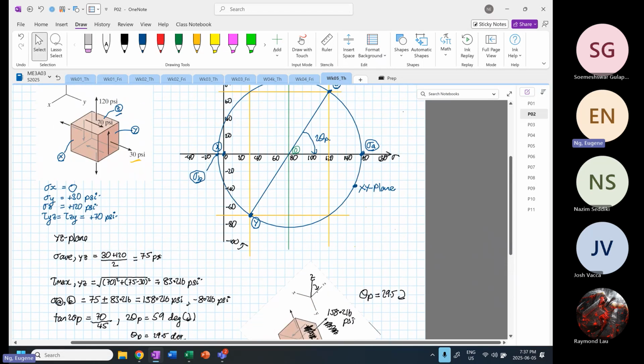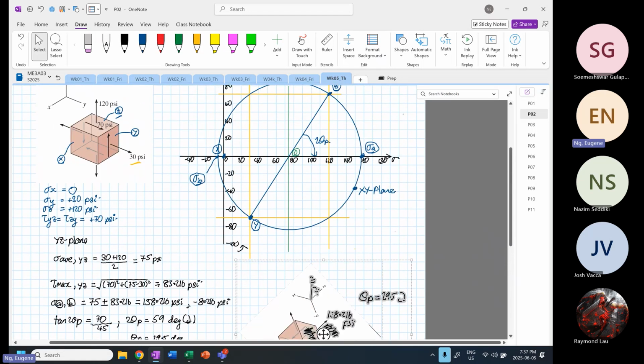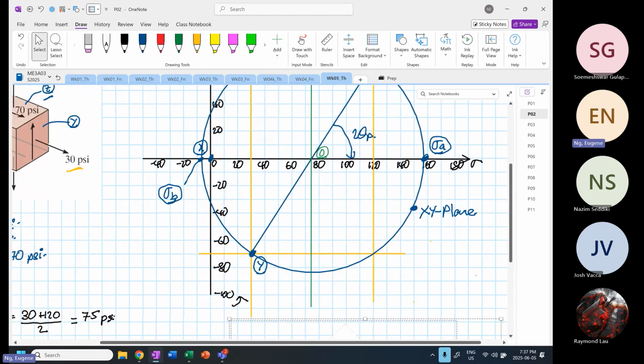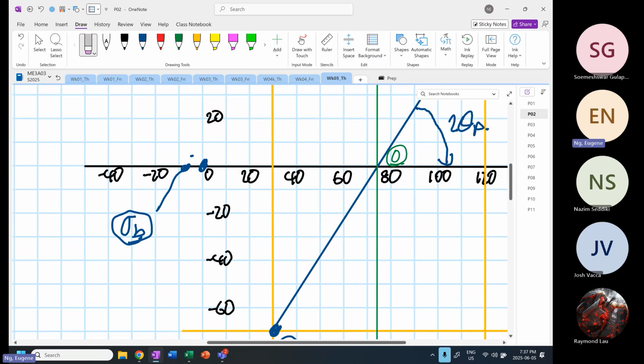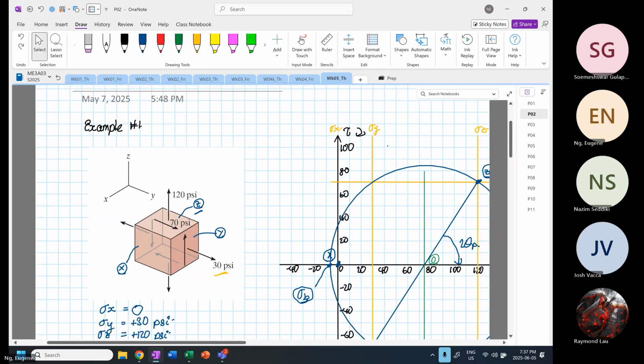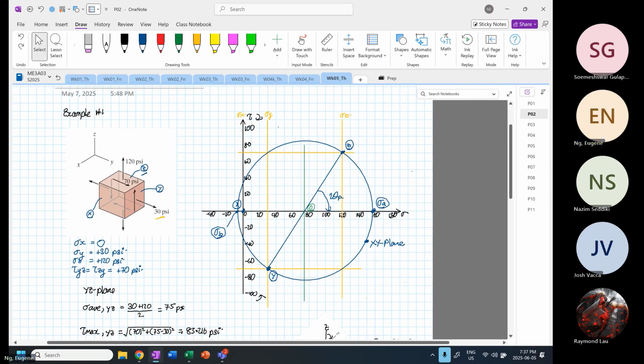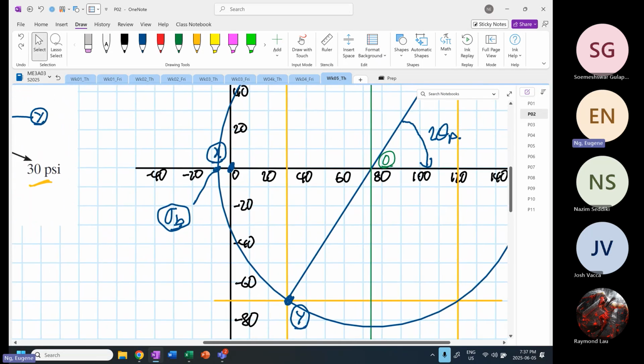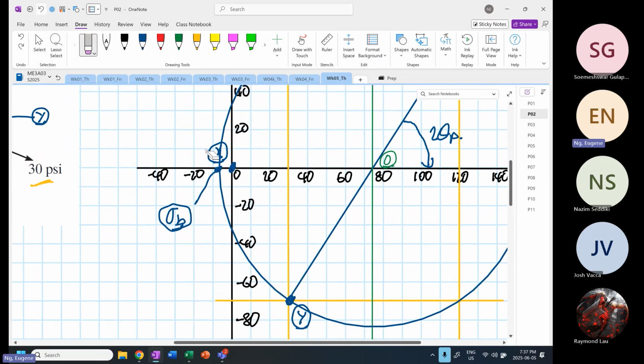So on the XY plane, right? So we know, let me zoom in and write this. Where are we now? Okay. So I'm going to delete. So we know that this is our point X. Okay.